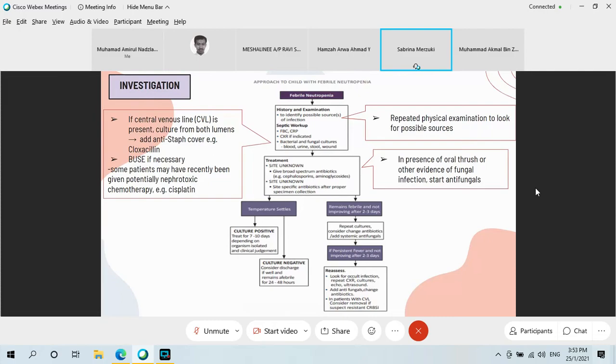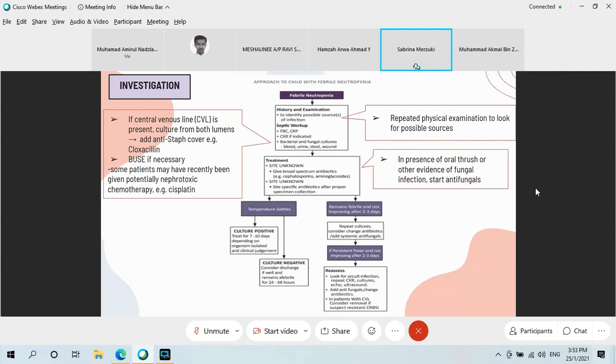Then it will proceed with the investigations, which are a full blood count to identify the level of neutrophils, then C-reactive protein, chest X-ray if indicated, and bacterial and fungal cultures. For the cultures, the sample can be taken from blood, urine, stool, or wound. If the patient presents with a central venous line, we need to take culture from that too, because as I said before, the line can be one of the sources of infection.